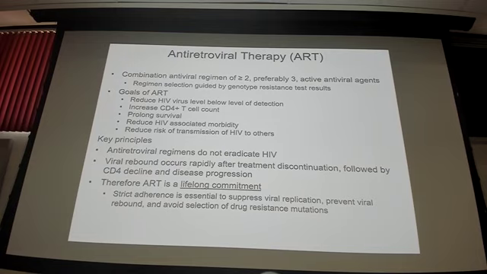PrEP is usually recommended for people who are engaging in high-risk behavior, like sleeping with multiple people and not wearing condoms, or for HIV discordant couples where one is HIV positive and the other is HIV negative, and they want to keep that negative person negative. Taking PrEP will reduce the chance of transmission by like a 97% reduction. So that's been really impactful as well.